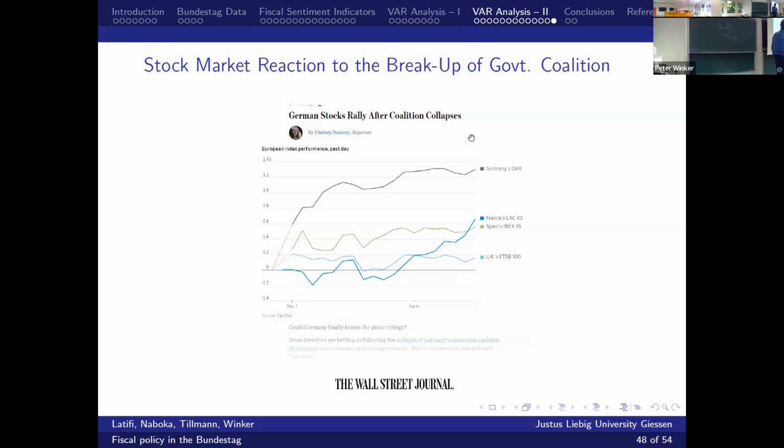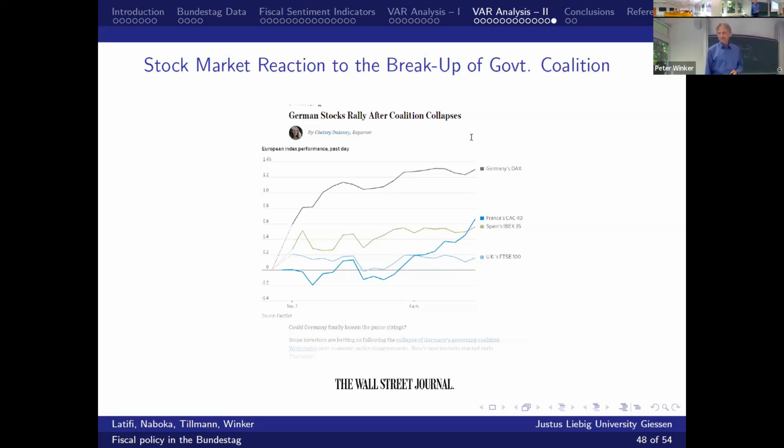No, it's direct. It's the return of the asset market. So once this government with a lot of disagreement broke up, uncertainty decreased and returns increased. But you shouldn't do statistics with one observation, I guess. It's more an illustration than statistics.